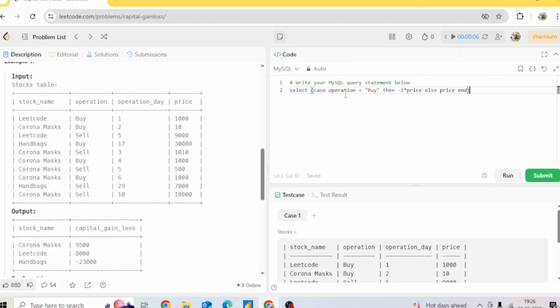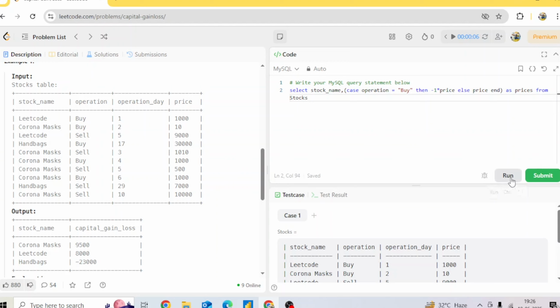So buy is minus of this particular price, and sell will be the positive value of the price, and we will call this prices. And along with this I'm also going to show the stock name as well, from the stocks table.